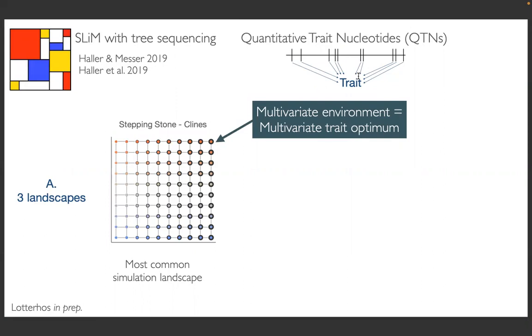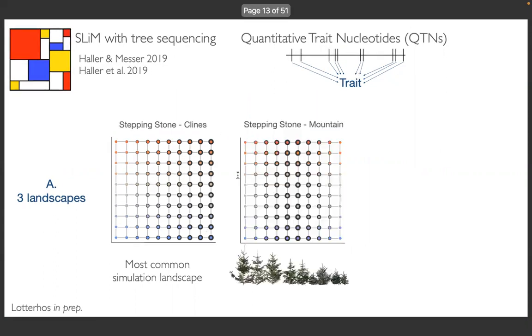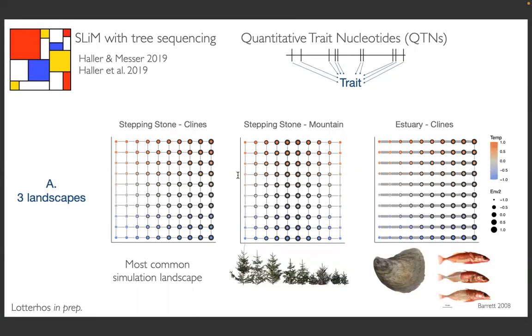And I simulated three landscapes, a stepping stone landscape with latitudinal and longitudinal environmental clines, a mountain landscape in which the longitudinal gradient was analogous to trees adapting to altitude or elevation, and this estuary clines landscape that might be analogous to oysters or sticklebacks that repeatedly colonize freshwater environments.